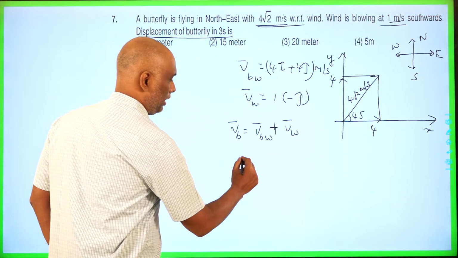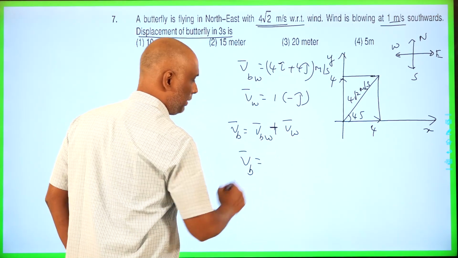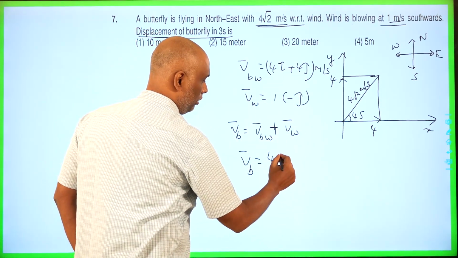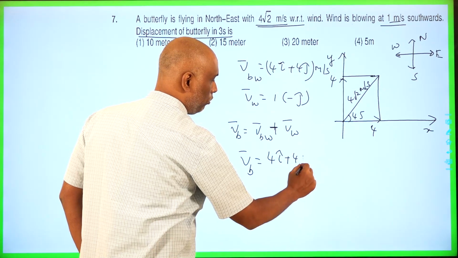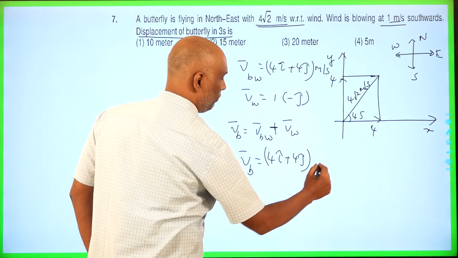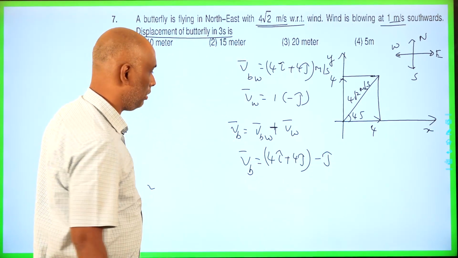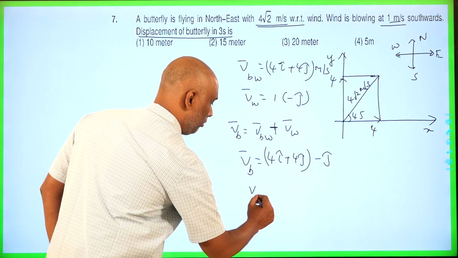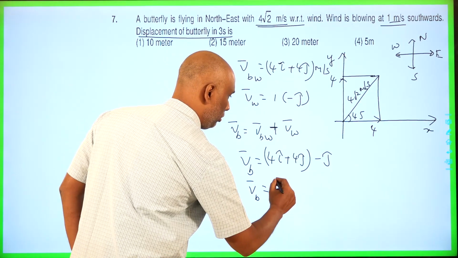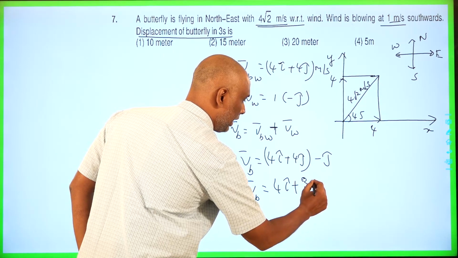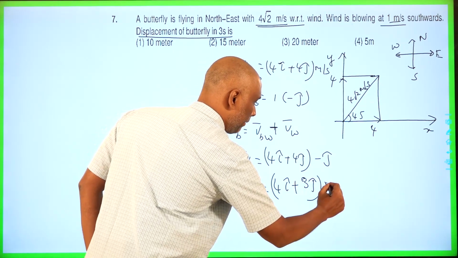So the velocity of the butterfly with respect to ground is 4 i cap plus 4 j cap, plus the velocity of the wind, minus j cap. So the velocity of the butterfly is equal to 4 i cap plus 3 j cap meter per second.